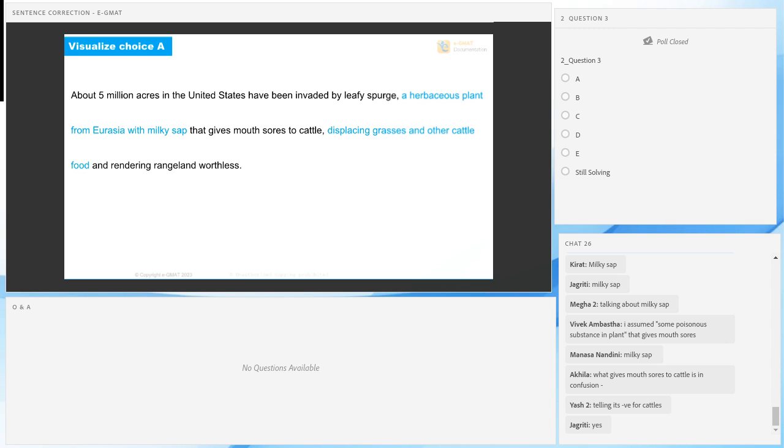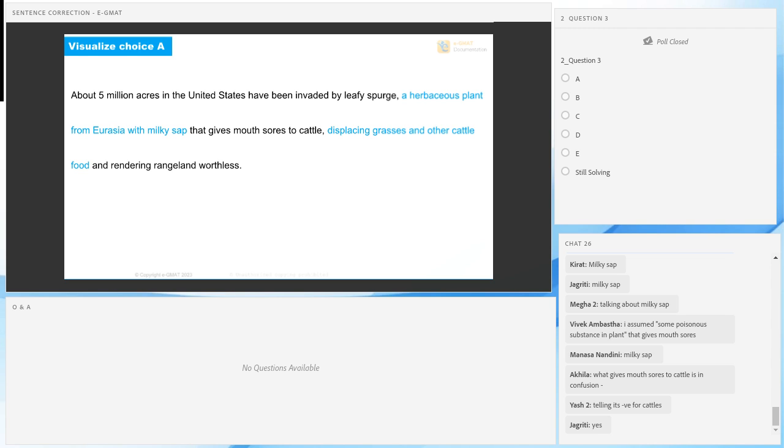And then when you read milky sap that gives mouth sores to cattle, mouth sores are not a pleasant thing at all, right? We've all had mouth sores sometime or the other in our lives. We know it's not a pleasant thing. Now, the impression that you had about milky sap is becoming a reality as you're reading this part that gives mouth sores to cattle.